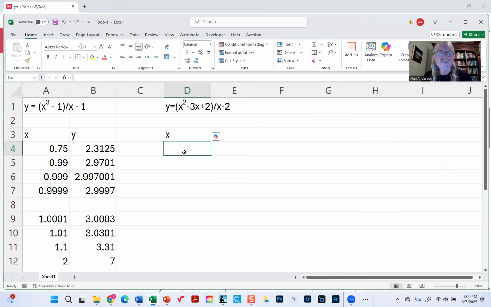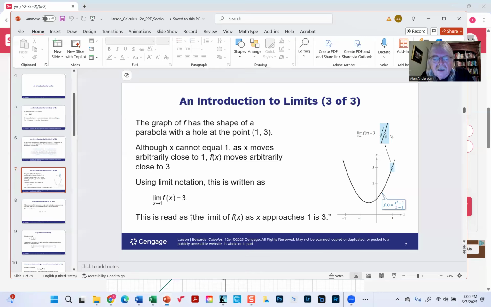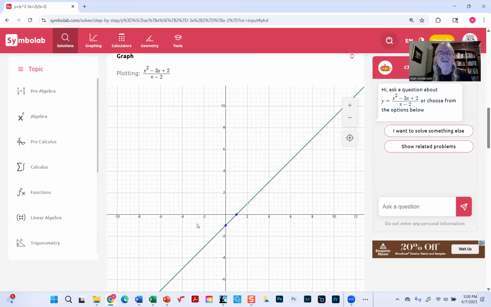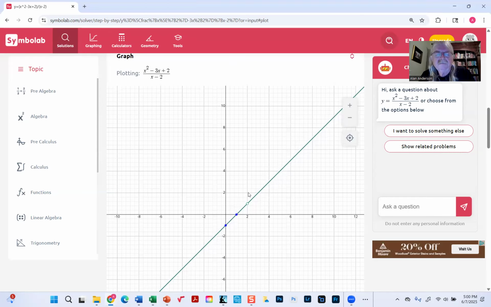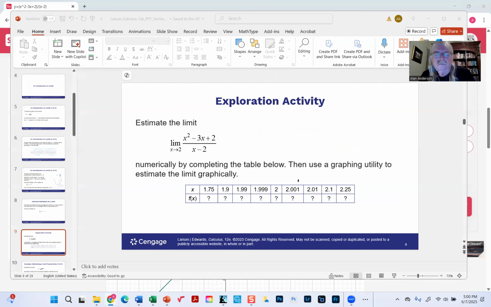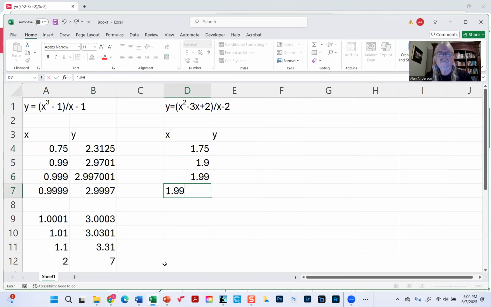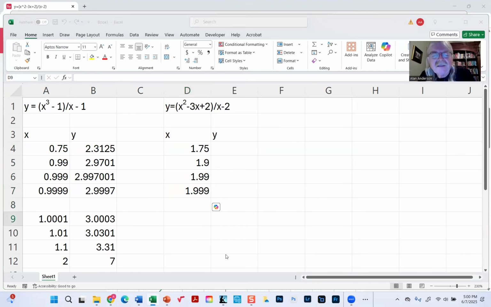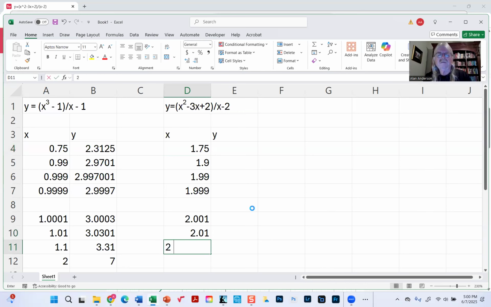So here we're aiming for 2, and they wanted us to do 1.75, 1.9, 1.99, and then they just keep increasing the number of nines, and you can do that forever. On this side of the fence, we've got 2.001, 2.01, 2.1, and 2.5.